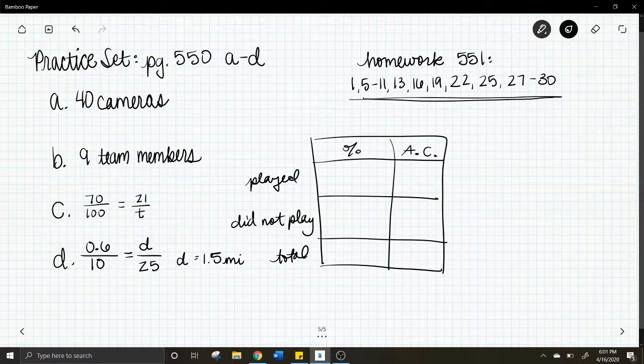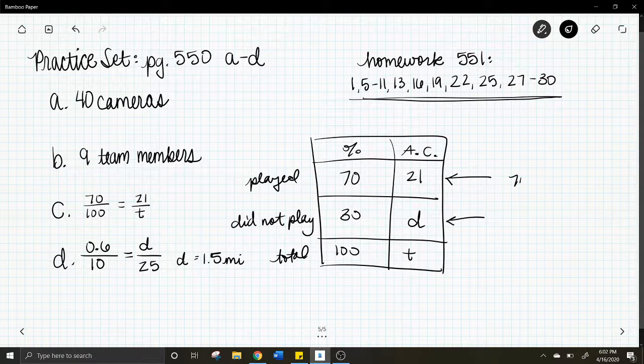70% of the team members played. 70% played. That means 30% did not. 100% total. If 21 team members played, they gave us that number. How many team members did not play? So we're looking for how many did not play. So use the row that has complete information, and then use the row that has the information you need.